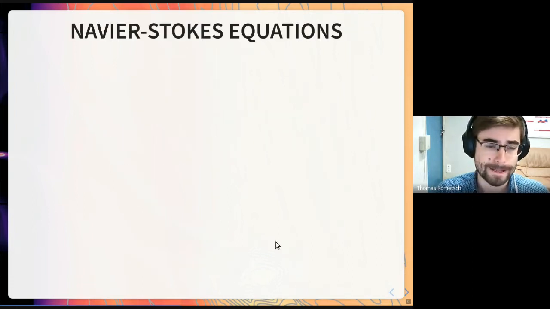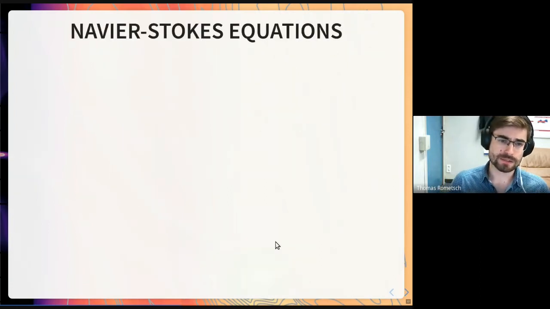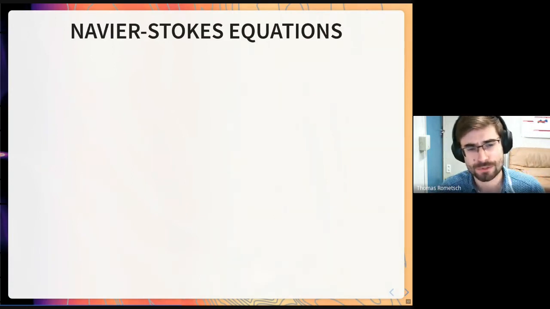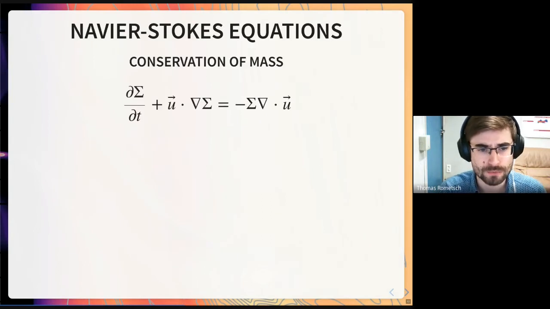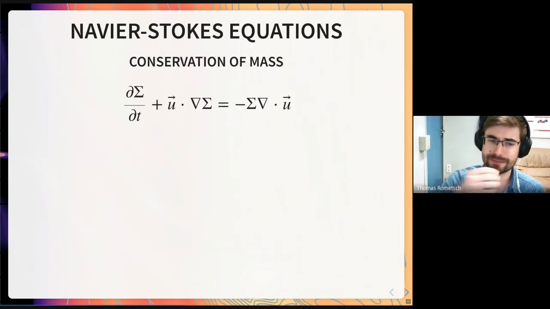Okay. And what we actually do is we solve the Navier-Stokes equations on the grid. Now, just to refresh your memory on what the Navier-Stokes equations are, let me tell a little bit here. So the first equation is conservation of mass.